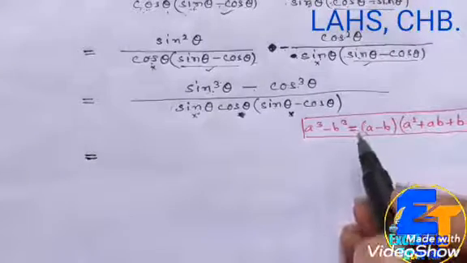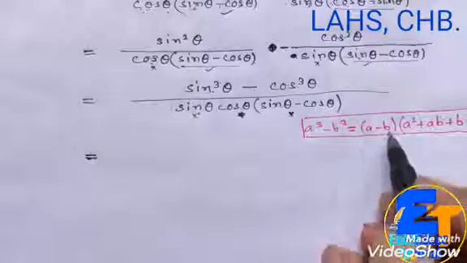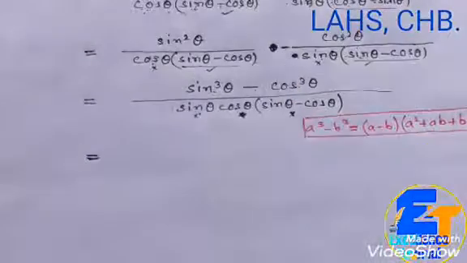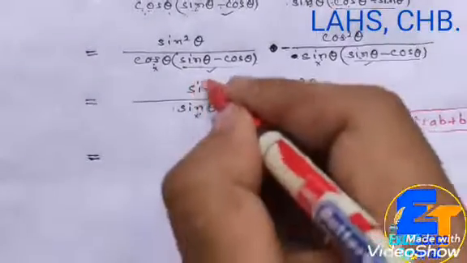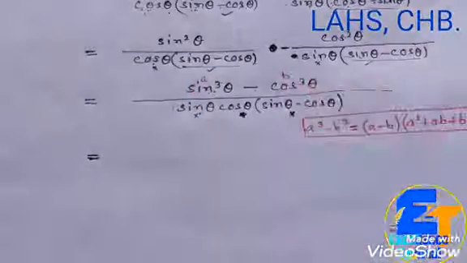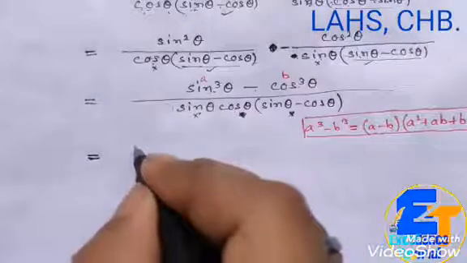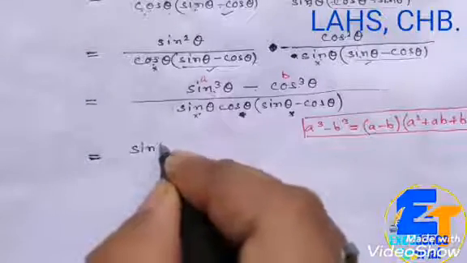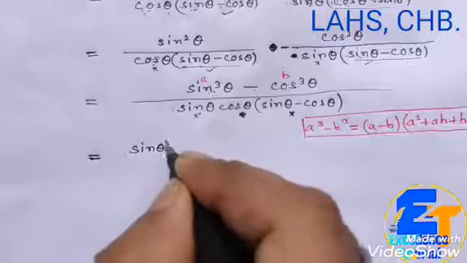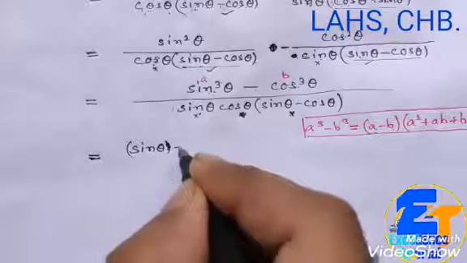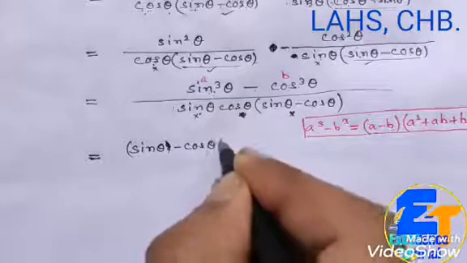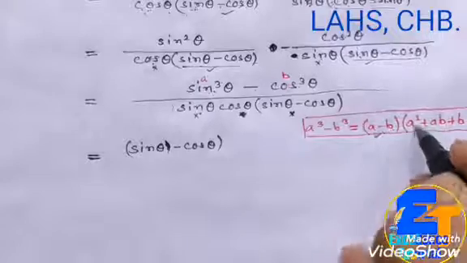See, in the first bracket a minus b, that is our a cube minus b cube. Write in this form: a minus b, that is sine theta minus cos theta. See, we have expressed it in this way.